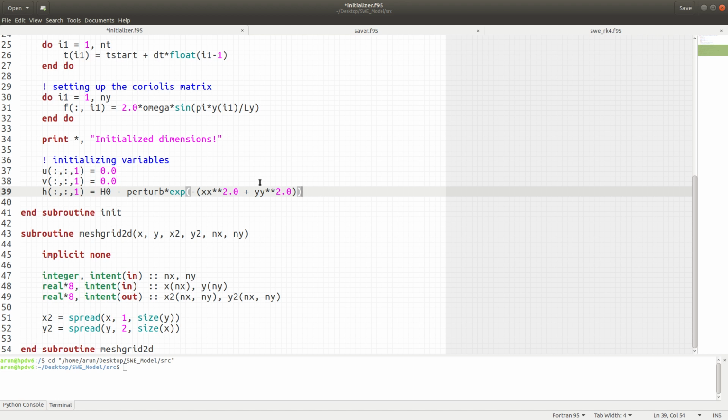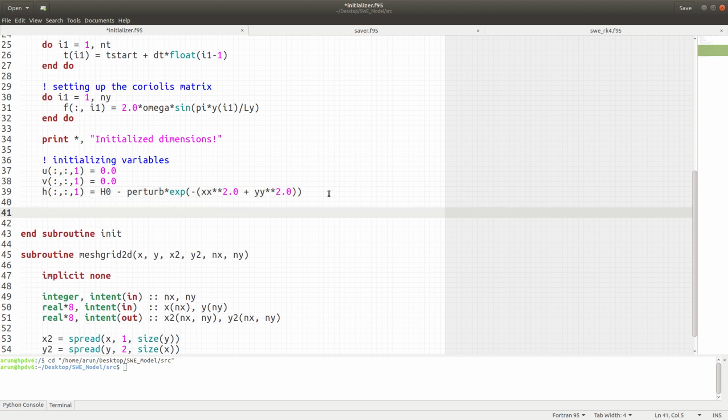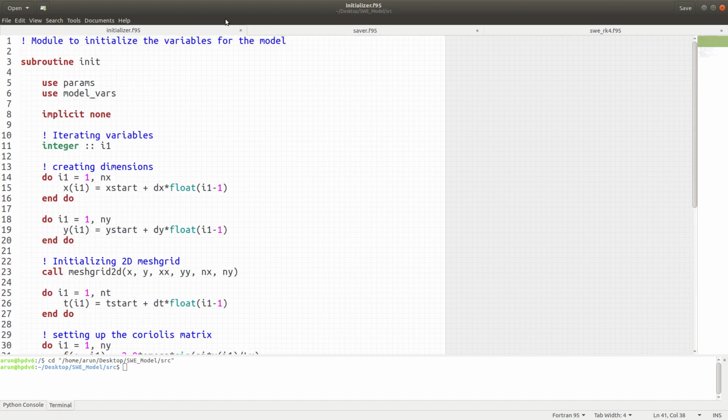If you put one drop, there will be a small dent as the drop touches the free surface, and then the free surface goes up and down. This equation is going to generate that, and that's it. Now with all of these, we have initialized our variables. With this the initialization module is done.